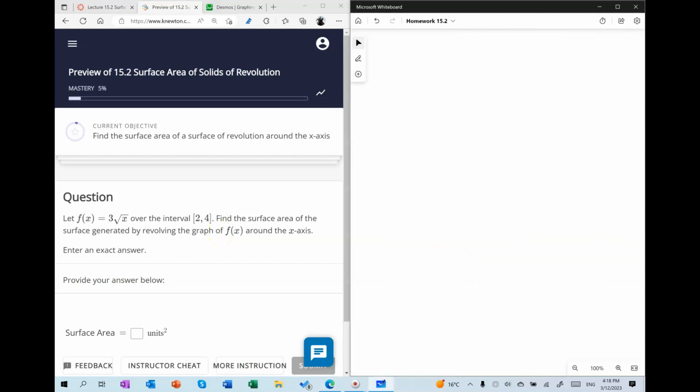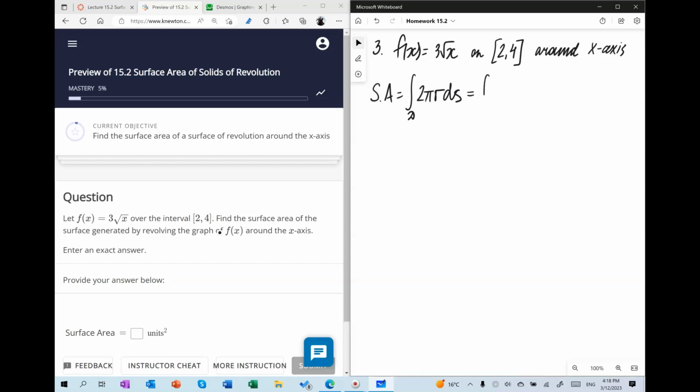Let's do problem number 3. We have a function. We are given the interval with respect to x, and we're rotating around the x-axis, meaning we're going to first use the universal formula, but we're going to interpret it like this.